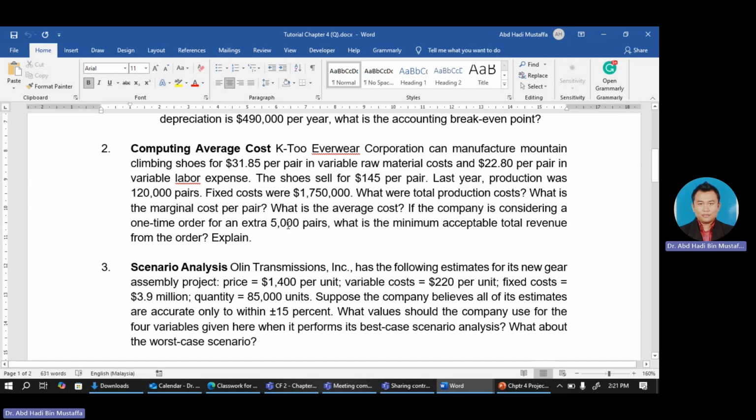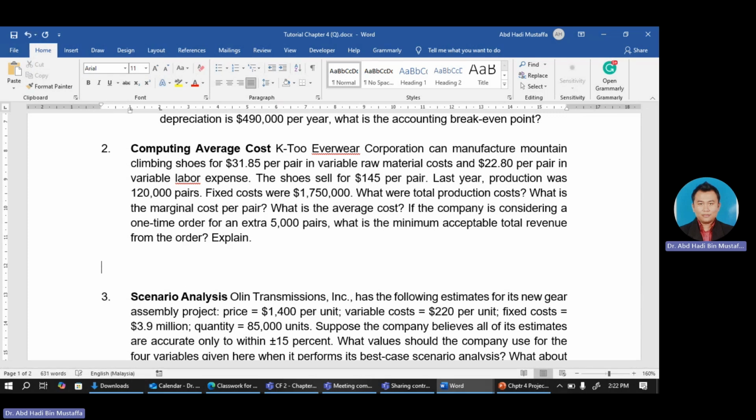The shoes sell for $145 per pair. Last year, production was 120,000 pairs. Fixed costs were $1,750,000. What is the total production cost? What is the marginal cost per pair? What is average cost? If the company is considering a one-time order for an extra 5,000 pairs, what is the minimum acceptable total revenue from the order?